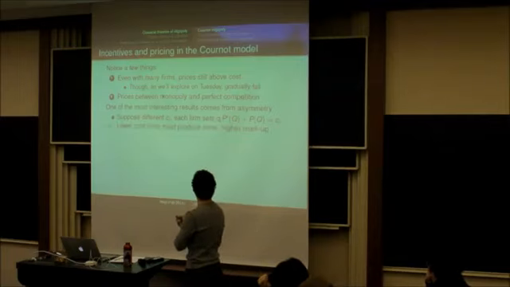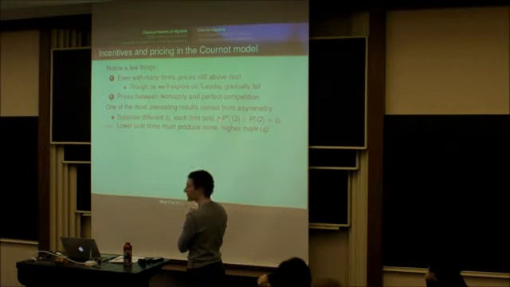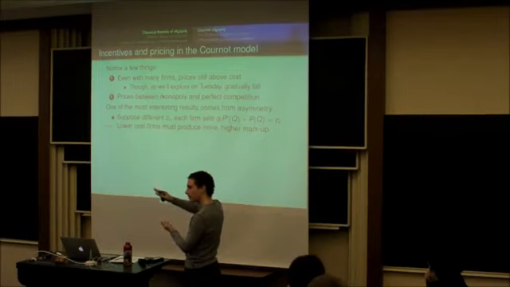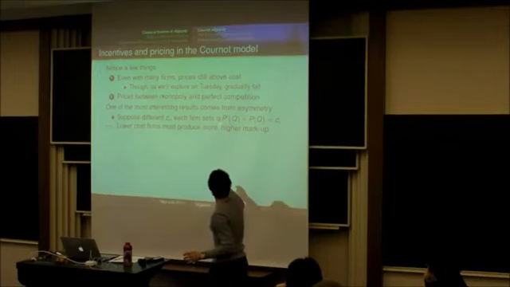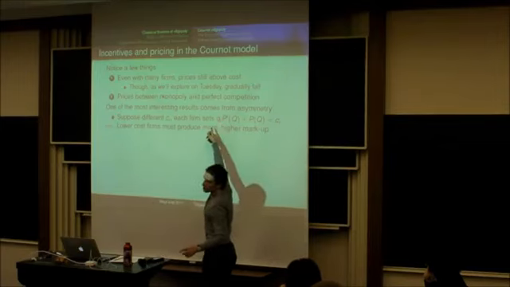And that means that lower cost firms have to be producing more, because in order to set their marginal revenue equal to a lower marginal cost, given that they all have the same marginal revenue function, they have to be producing more, right? But them producing more is going to mean that they're charging a higher markup, right?